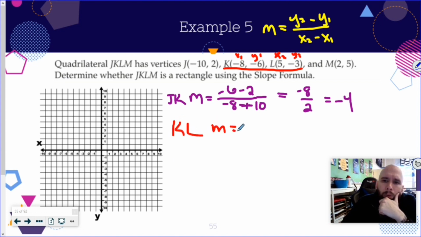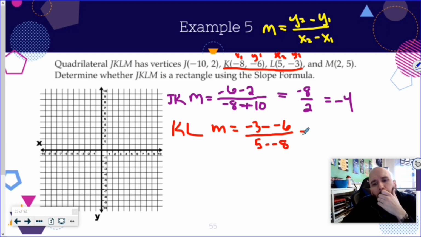M equals negative 3 minus negative 6 over 5 minus negative 8. We've got negative 3 plus 6, which is regular 3, and 5 plus 8, which is 13.